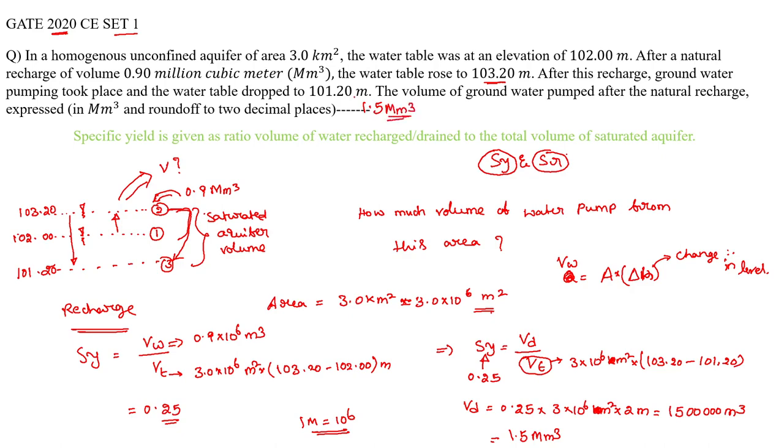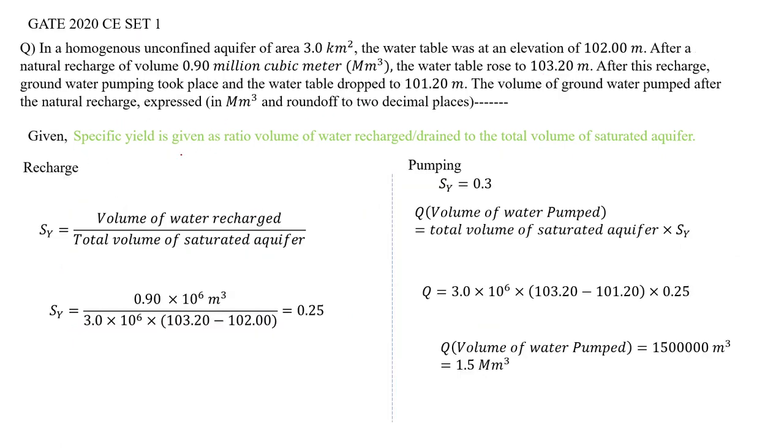So let's see the solution. I divided the question into two parts. One is the recharge part, another is the pumping part. This is a 2 marks question, and obviously a 2 marks question will require some effort. First, using the given information, you calculate the specific yield. Specific yield is the amount of water given by the aquifer per unit drawdown.